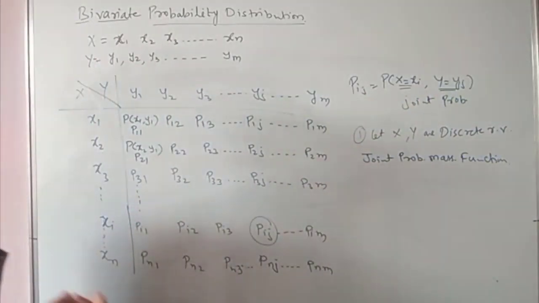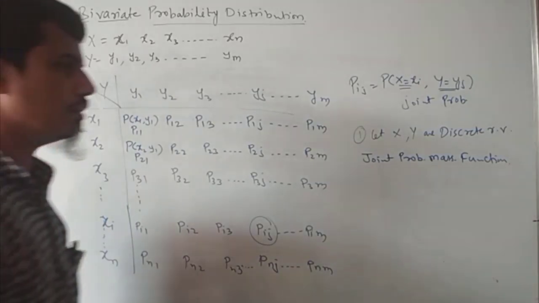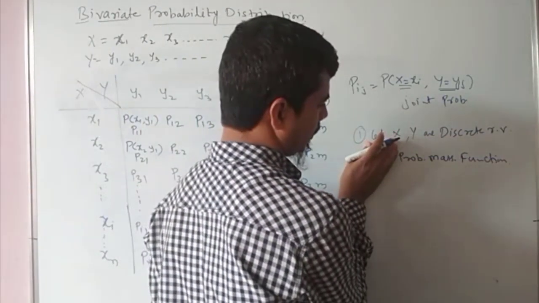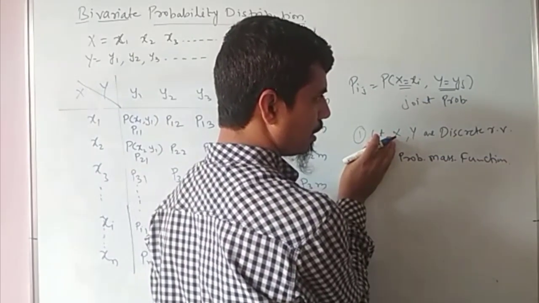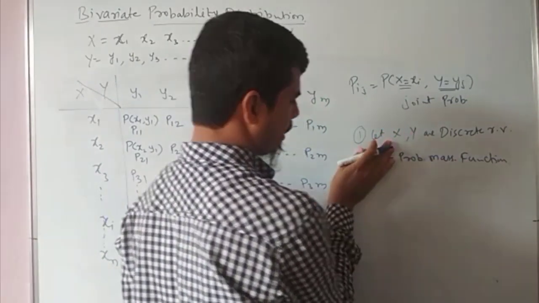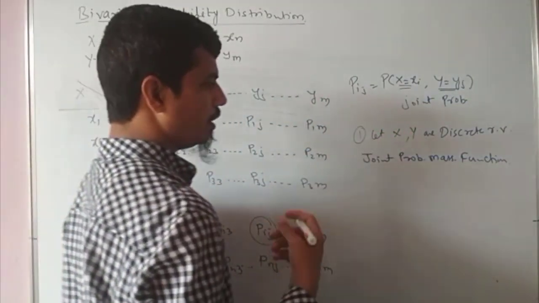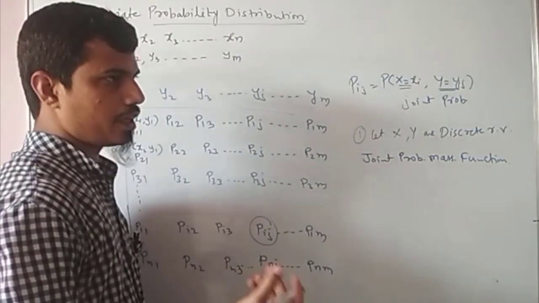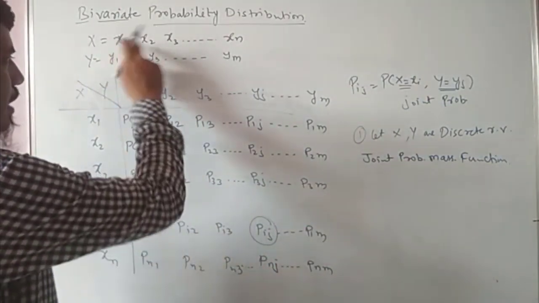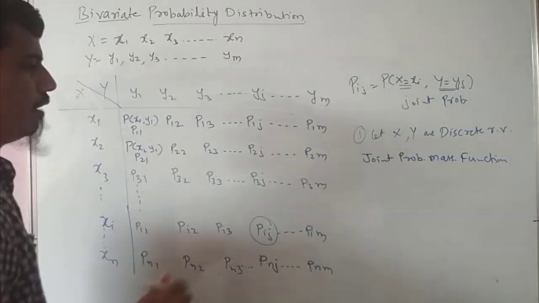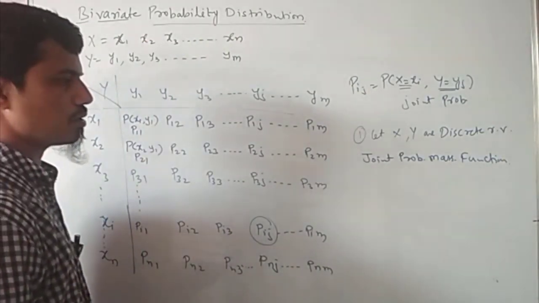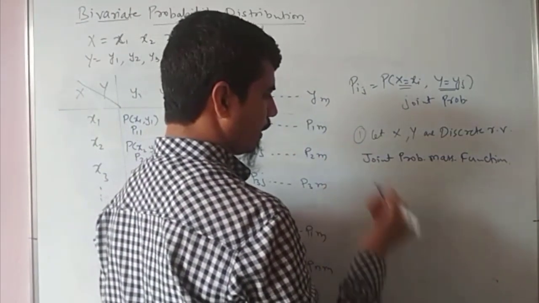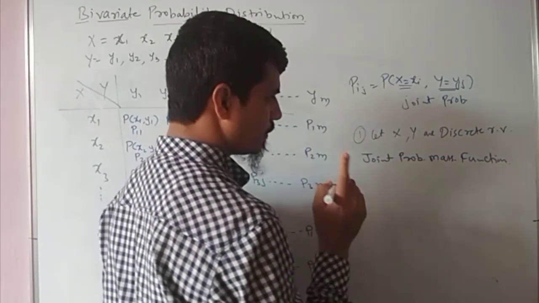Recall that in the single case, when we have only one random variable x and there is no y, what is the definition of a simple probability mass function? If x assumes the values x1, x2, x3 up to xn with probabilities p of x1, p of x2 and so on, then we can define the probability mass function if it satisfies two conditions.